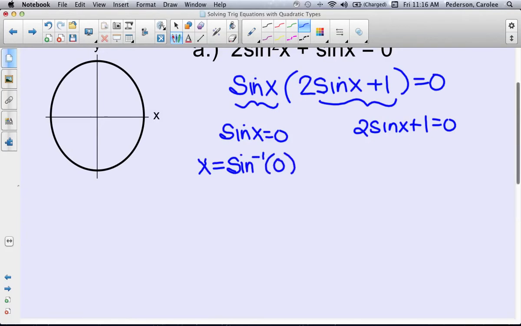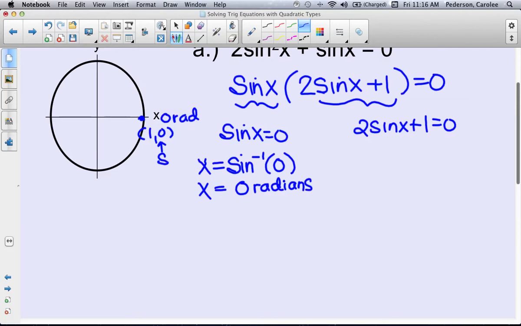Now think about your unit circle. When does the sine of x equal 0? Well, it equals 0 at 0 radians. Remember that ordered pair is 1, 0, and the 0 is the sine. So we have one solution of 0 radians.